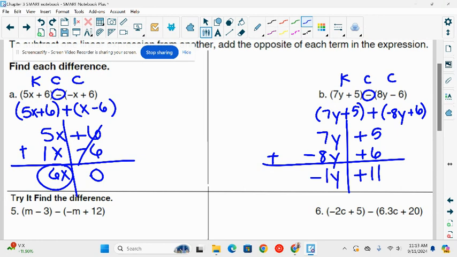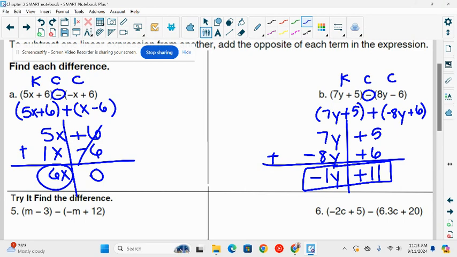Is that what you got? It's the same exact thing, but because it starts with subtraction, we have to do keep, change, change, and then it's just like the rest. Okay?